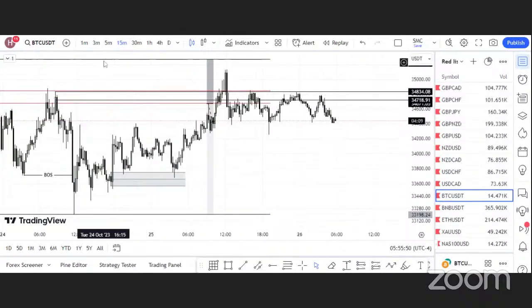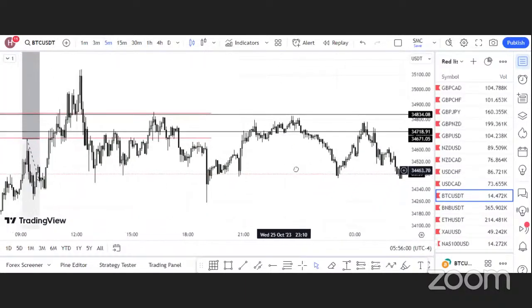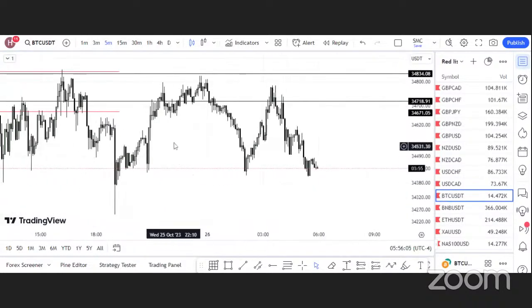You see, the market made this move, came back into this area, and now the market is still trading to the downside. So let's go to the 5 minute time frame and see what is going on there. Let's see if we have a change of character on any level. So we got these moves.